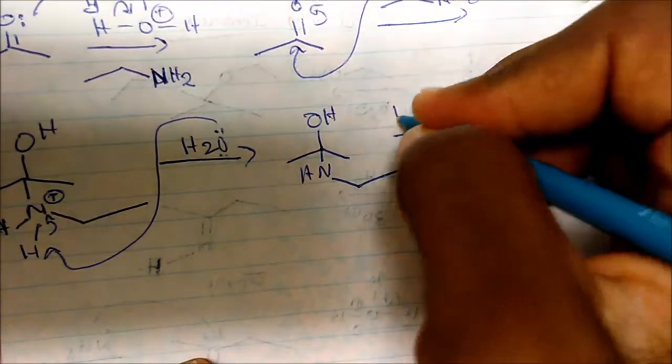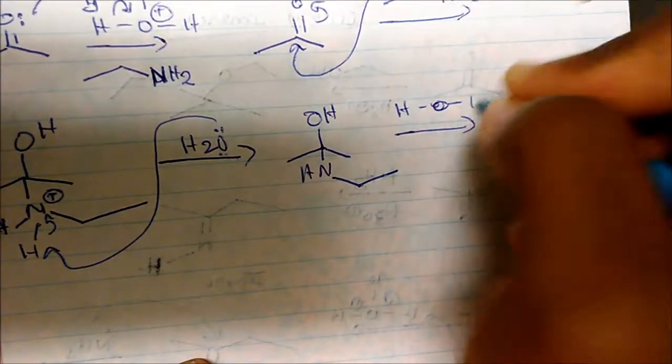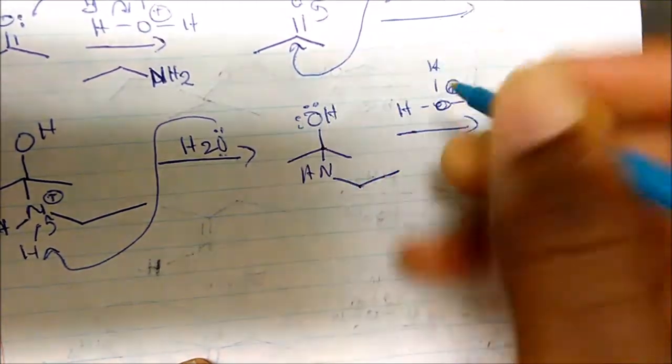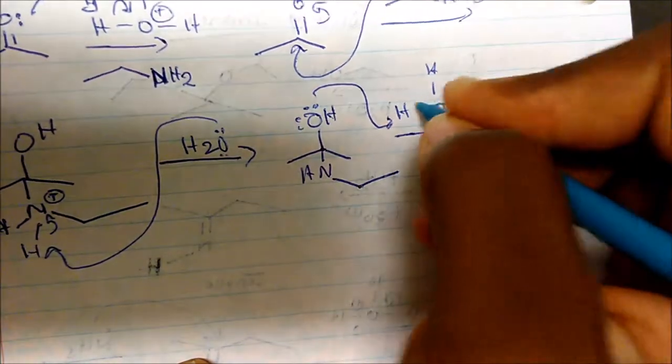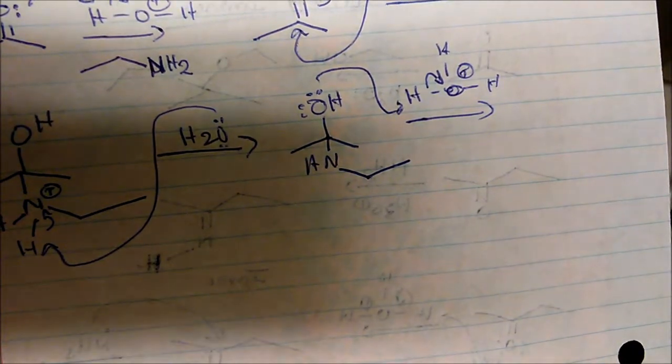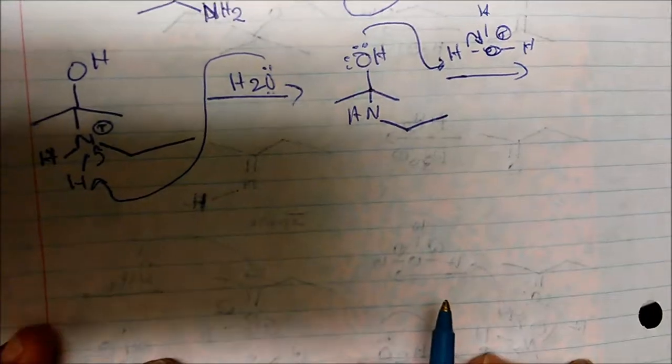Well, my oxygen is going to get protonated. So I just reformed acid in solution. It comes in, attacks acid, and reforms water in solution. And so the next step in the process, we get to an intermediate that looks like this.